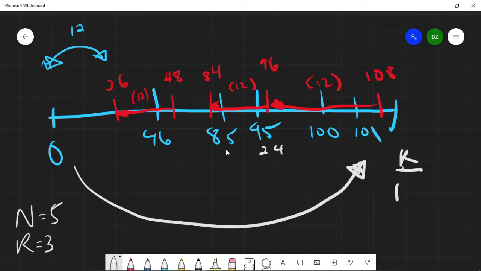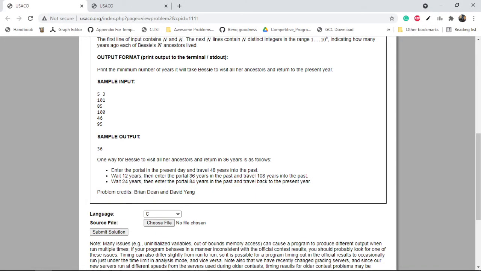You wait 24 years, then you time travel here, wait 12 years, and then time travel here. That's 3 times. So that looks like an R. Wow, that actually does look like an R. There we go. So yeah, that way the minimum would be 36. That's how they got 36 here.